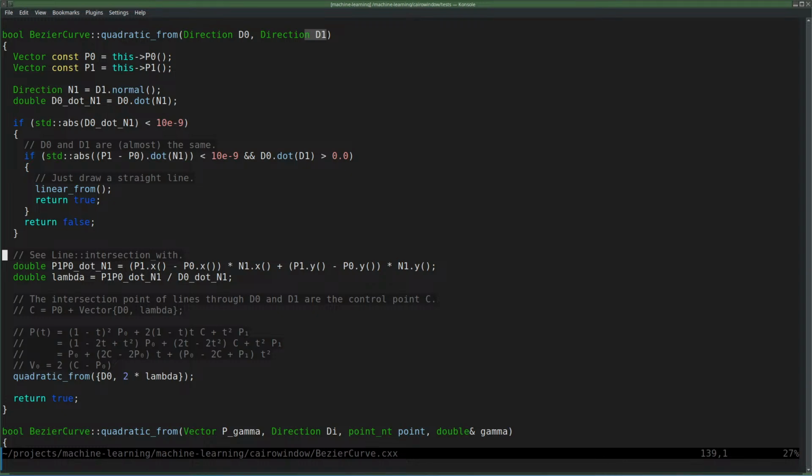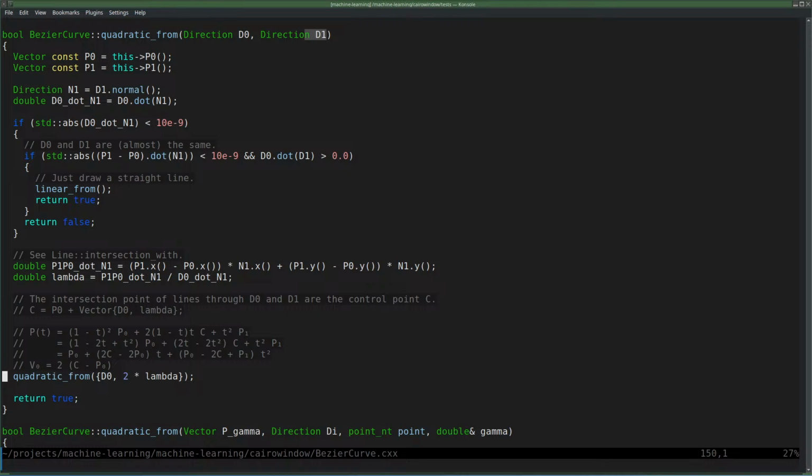Quadratic from v but... oh, I'm getting it.